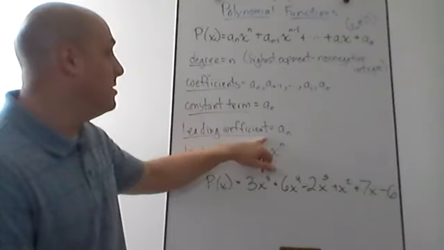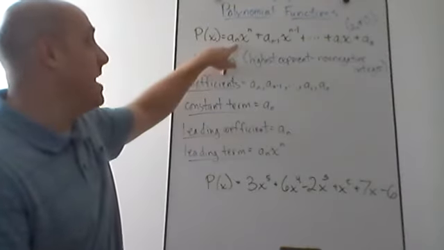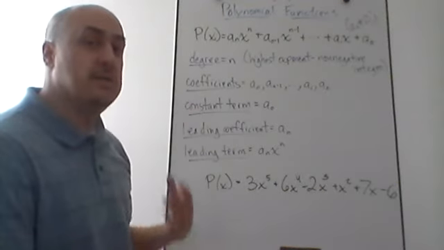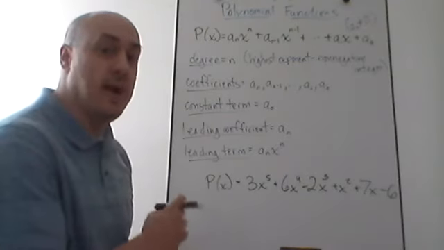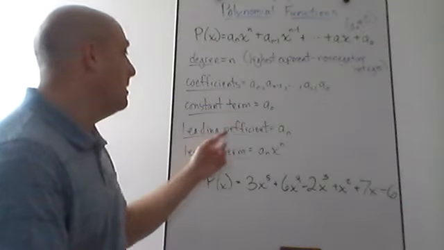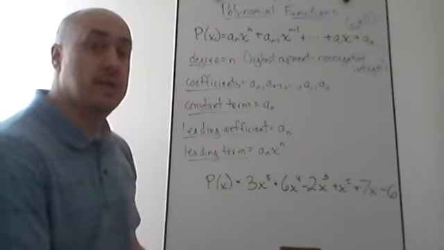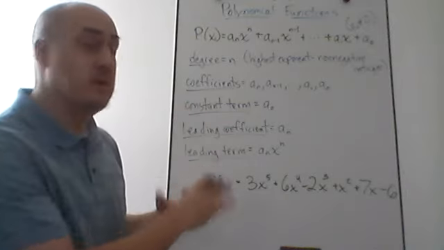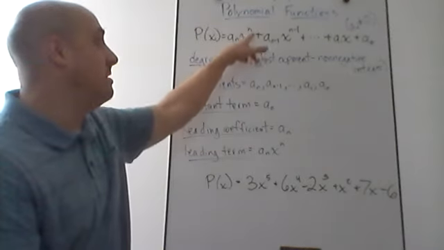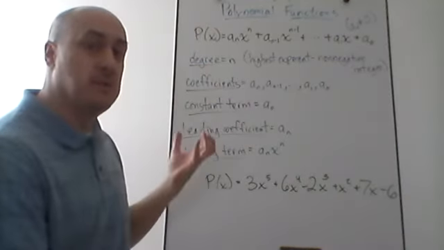The leading coefficient is a sub n. The leading coefficient is the number that's attached to your x to the highest power. We call it the leading coefficient because, like I said, normally we write polynomials in this form where we have the highest exponent first, so that number attached to the x with the highest exponent is the first number you see.